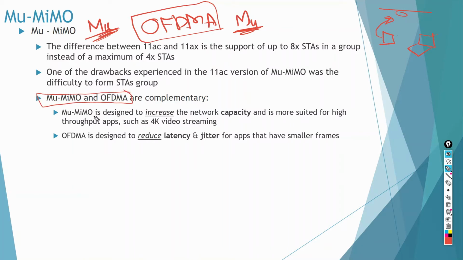Why? Because multi-user MIMO is designed to increase network capacity, so it is more suited to bandwidth-greedy applications such as video streaming. Whereas OFDMA is used to cut the MAC layer overhead, thus reducing latency and jitter.